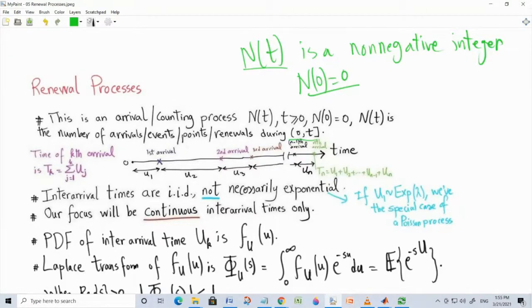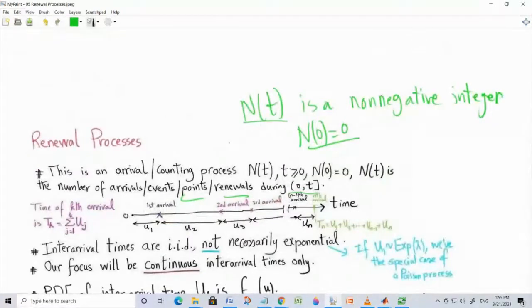The arrivals or events are sometimes called points, and sometimes renewals; they have several names. The idea in one dimension is that you have a 0 and you go to infinity, and there are points or events that take place.